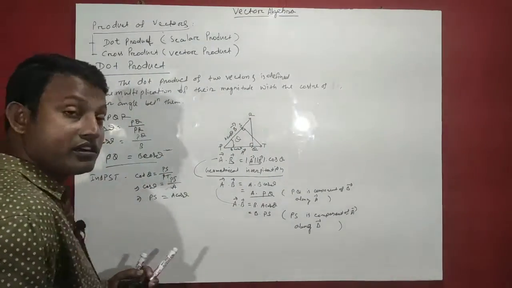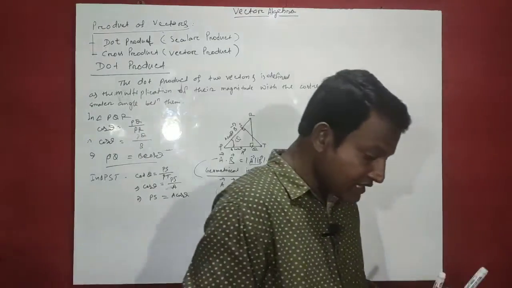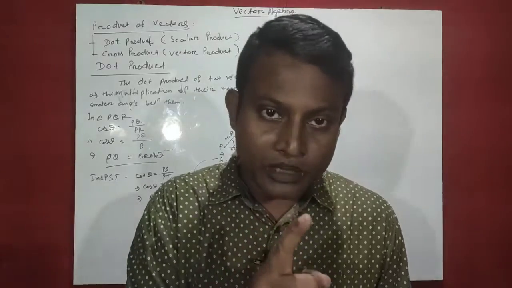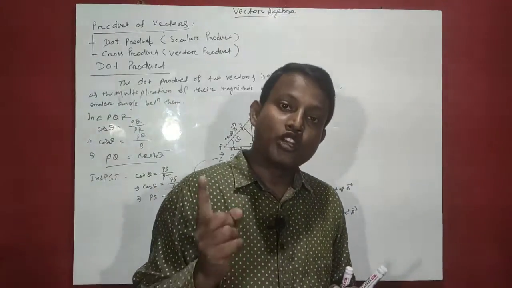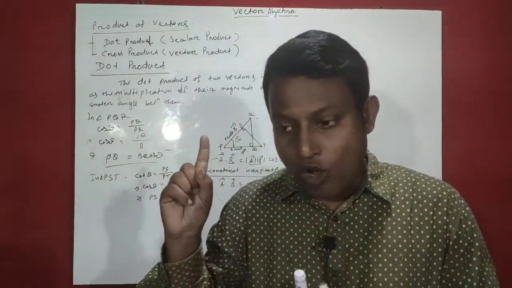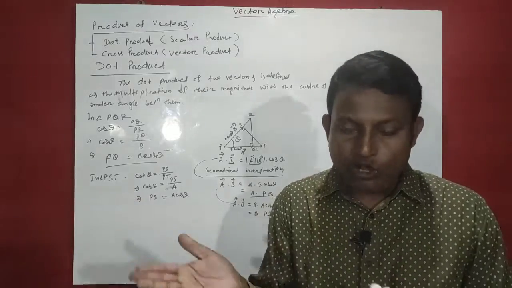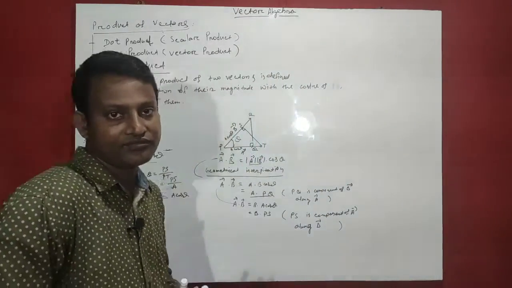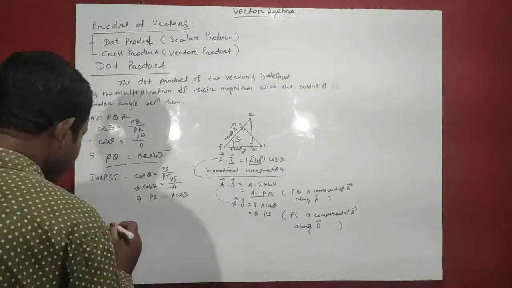The dot product of two vectors is equal to the magnitude of one vector multiplied with the component of the other vector along the direction of the first vector. Let's write another definition.